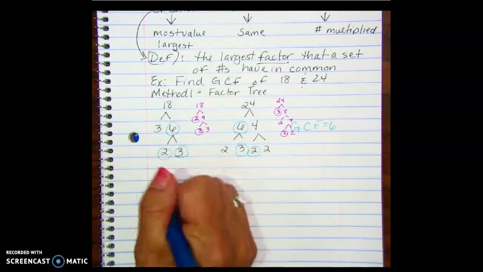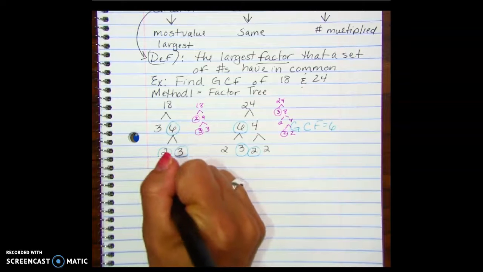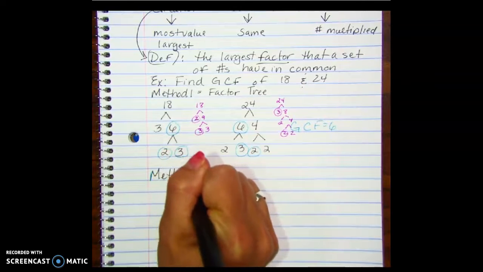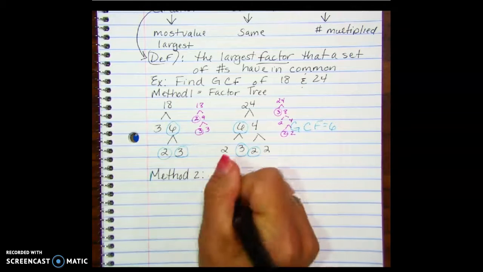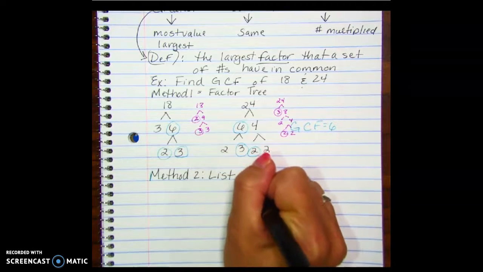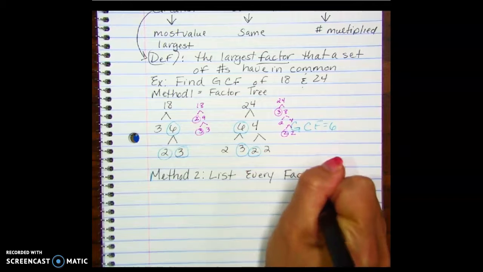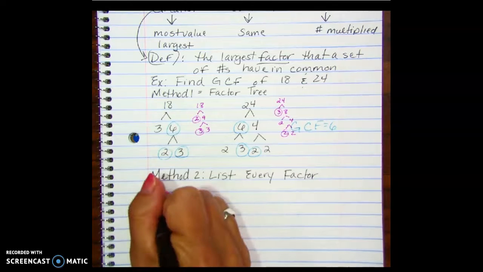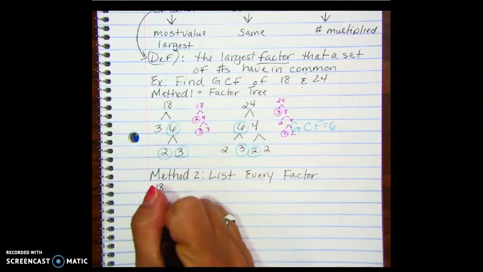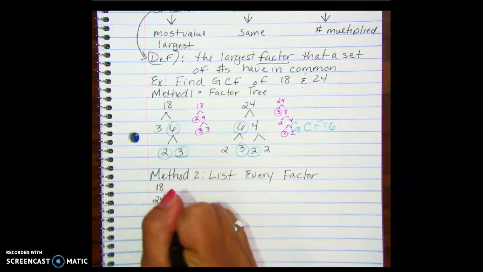Okay, method 2. I'm going to call this the list every factor method. So I put 18 and I put 24.